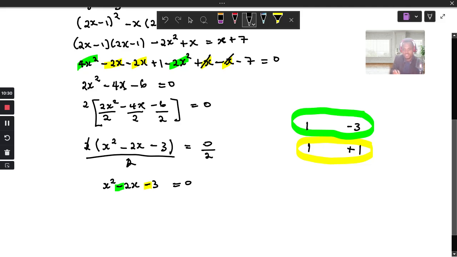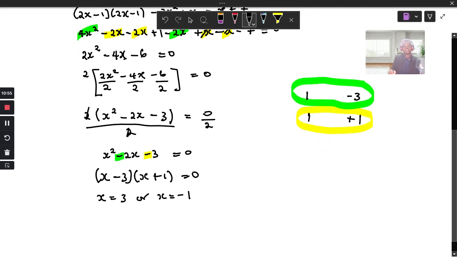You remember that this one is a coefficient of x, meaning it becomes x minus 3. And this one is also a coefficient of x, becomes x plus 1 being equal to 0. That makes x equal to 3 or x equal to minus 1.